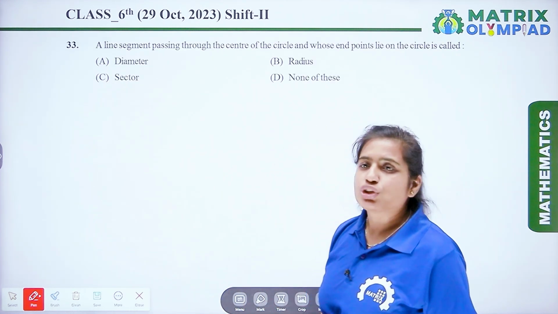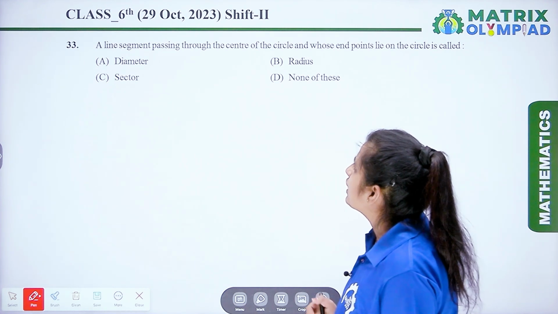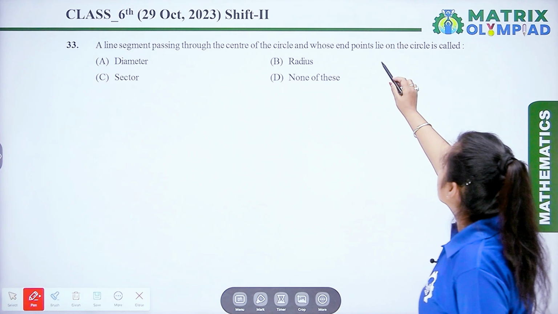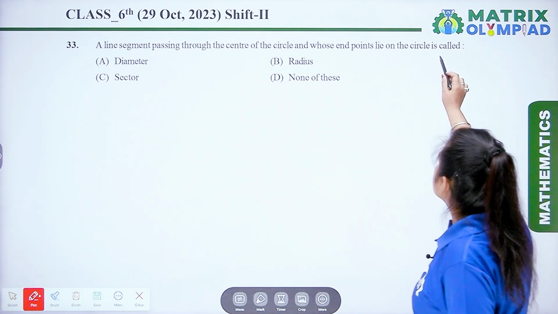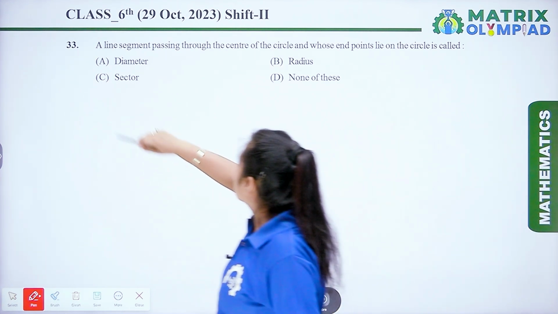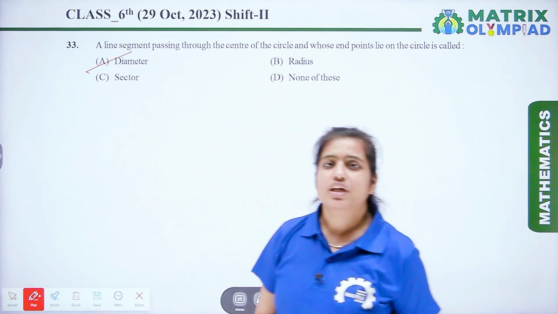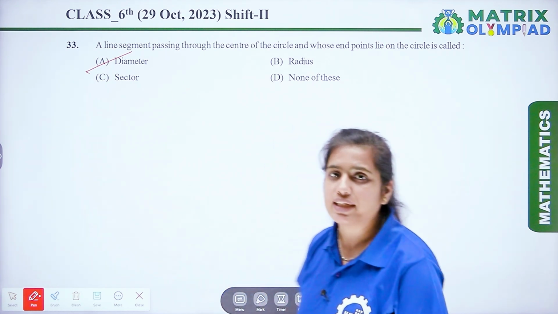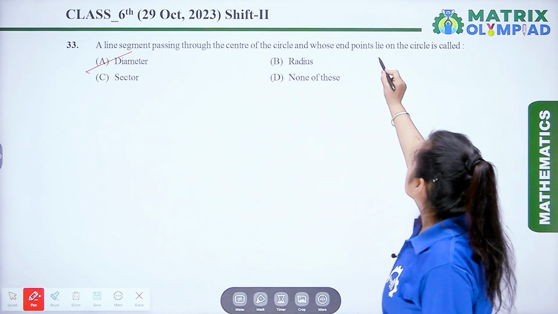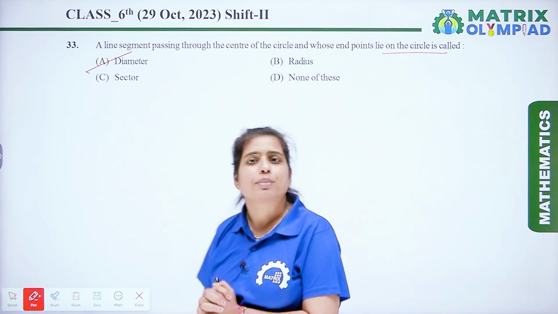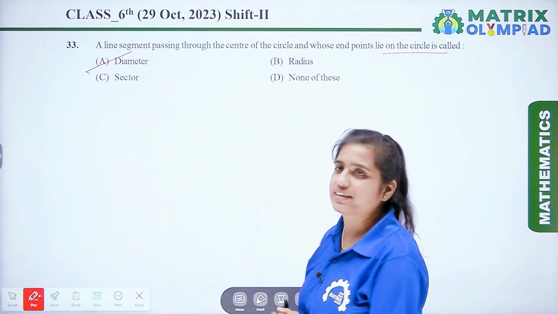Now the next question is question number 33. A line segment passing through the center of the circle and whose endpoints lie on the circle is called a diameter. Only a diameter is a line segment which passes through the center and whose endpoints lie on the circle. So here option A is the correct answer.